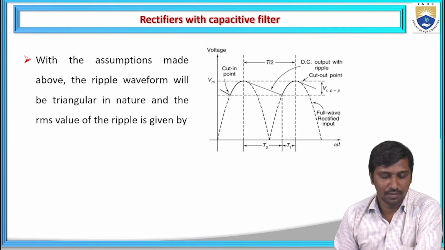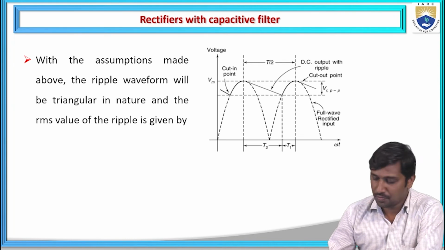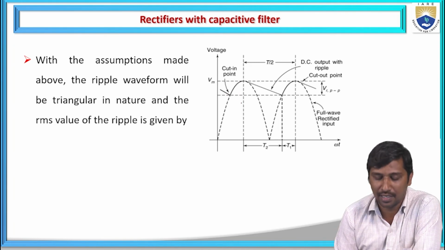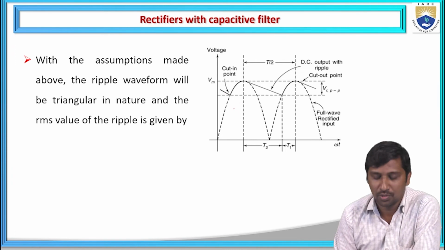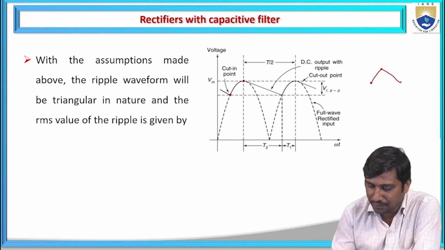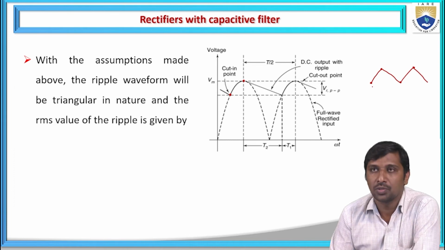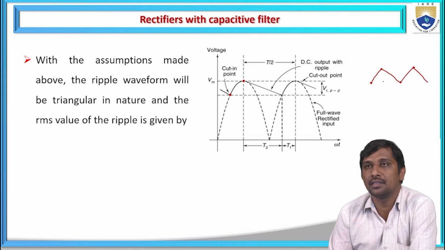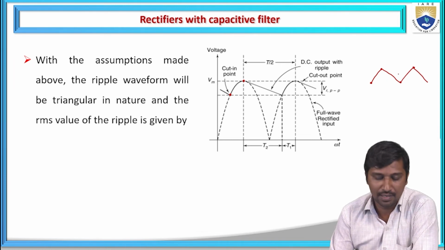So let us consider this graphical representation of the capacitive filter. This is the output of the capacitive filter, showing the charging and discharging time periods. In general, this waveform looks triangular in nature.